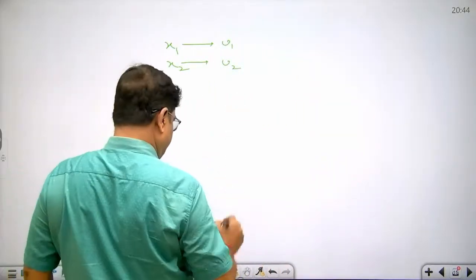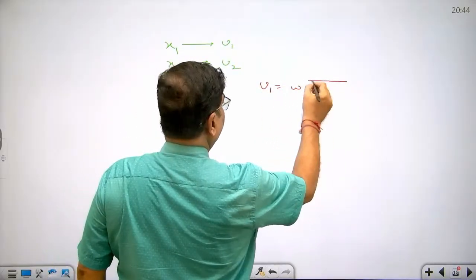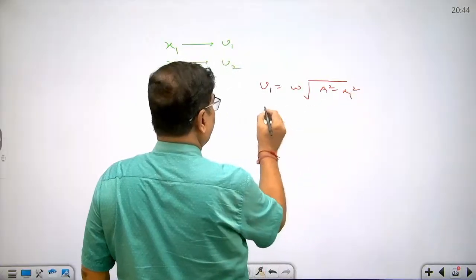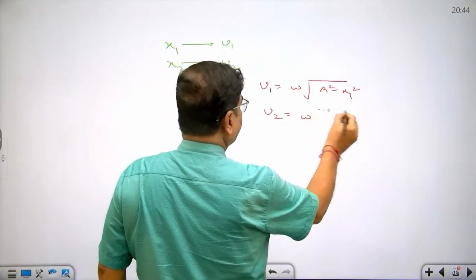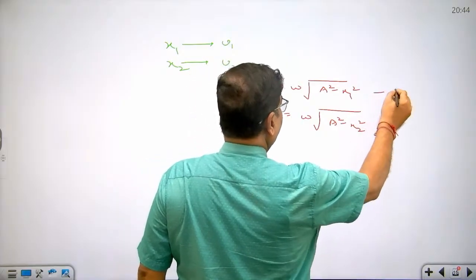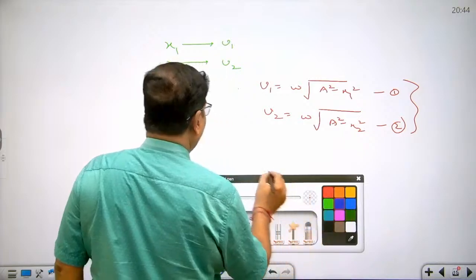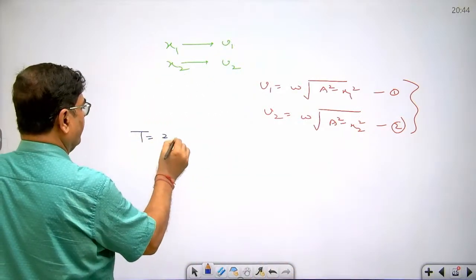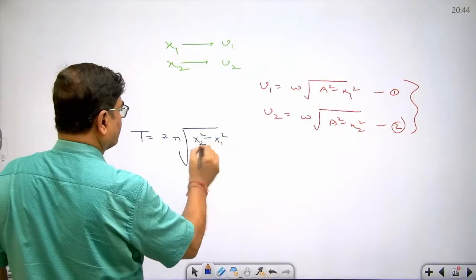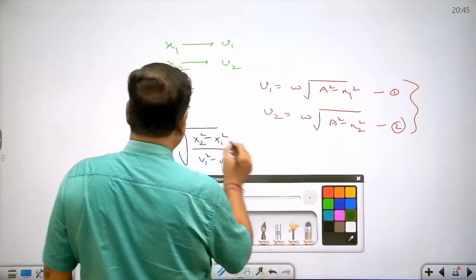See here, v1 equals omega root A square minus x1 square, because omega is the same in SHM, and v2 is omega root A square minus x2 square. If you solve these two equations, you will find many relations. Time period will be equal to 2 pi under root x2 square minus x1 square upon v1 square minus v2 square. This will be the general relation for the time period.